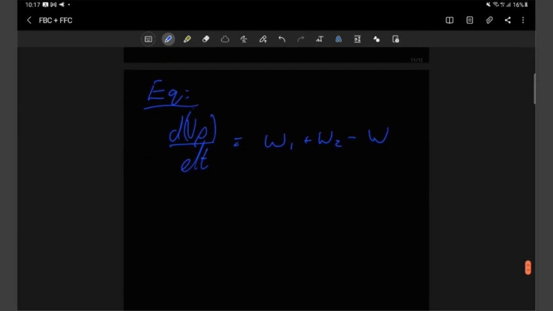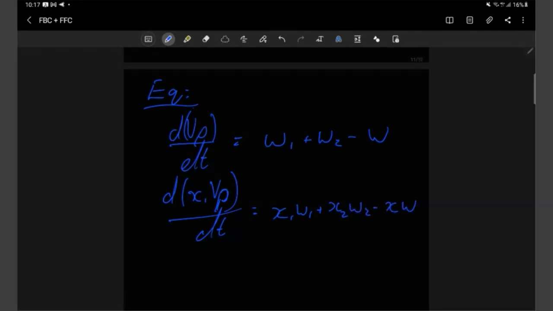Second thing, component balance, most definitely yes. Almost made a fool of myself. Let's say X1, rho not B. Is that correct?